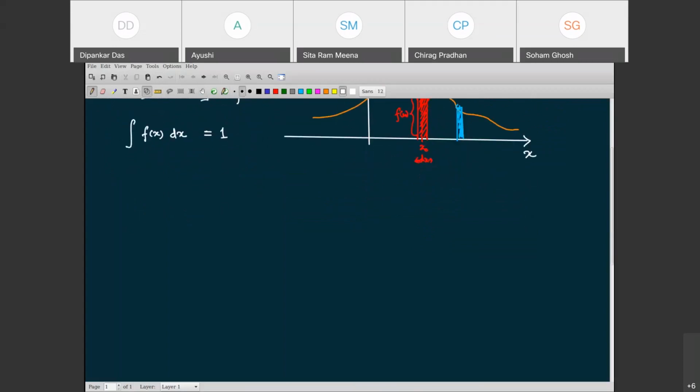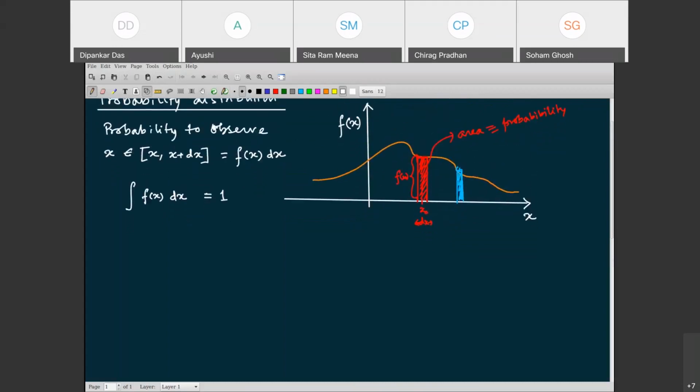All right. Now there is another important thing that I need to specify, called the cumulative distribution function.